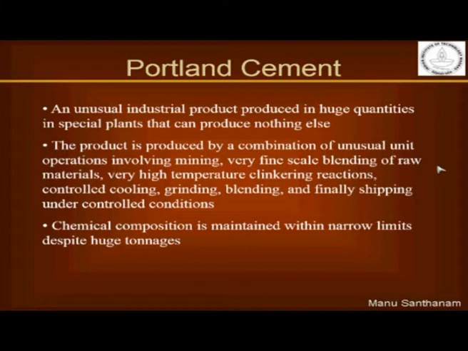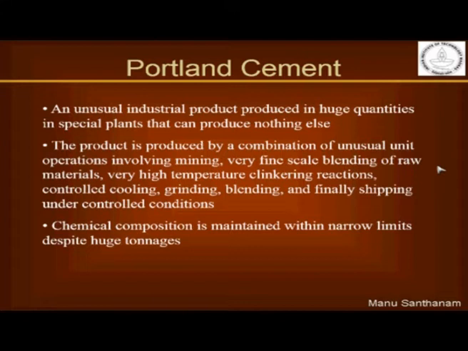So very large quantities of cement, and of course these are produced in plants that can almost produce nothing else because the cement plants have to be dedicated to produce cement. The product is produced by a combination of several unusual operations which involve mining, very fine scale mixing or blending of raw materials, very high temperature clinkering reactions, controlled cooling, grinding, blending and finally shipping in packaged form under very highly controlled conditions.